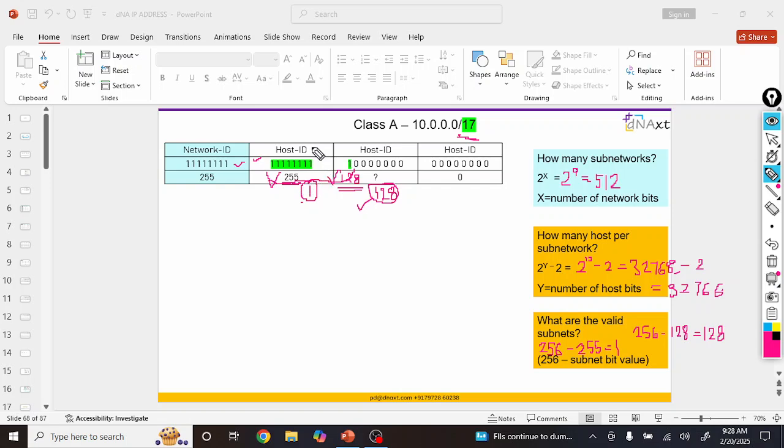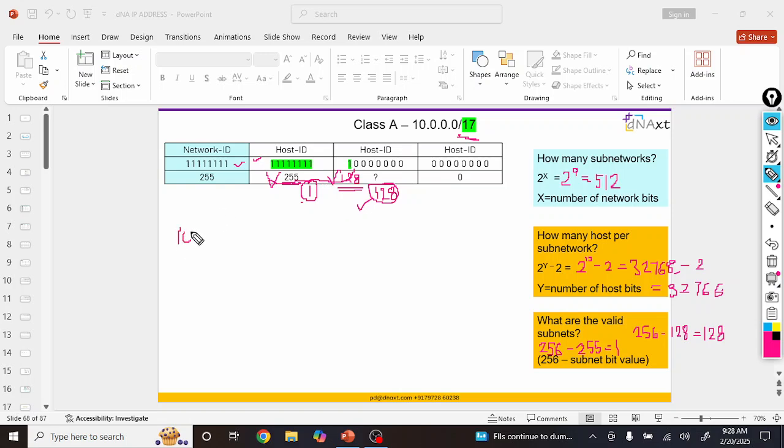Unless and until all the bits of the second octet are borrowed, you cannot go to the third octet. Once all the bits of the third octet are borrowed, then you can go to the fourth octet. So while borrowing the bits we always go from left to right, but while doing the increments we go from right to left.